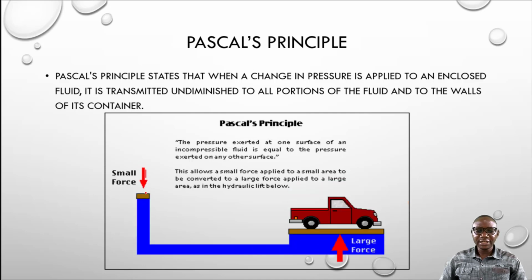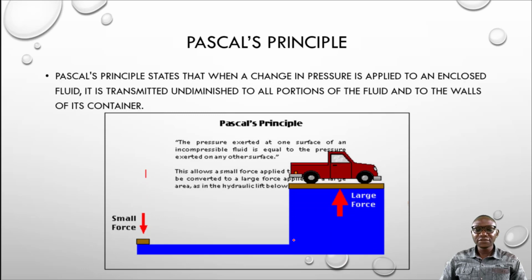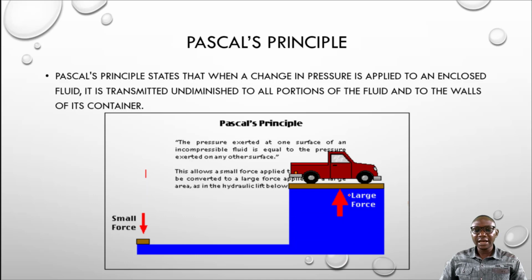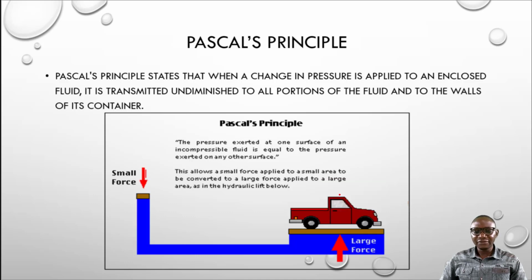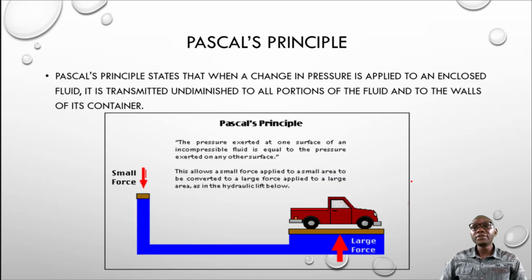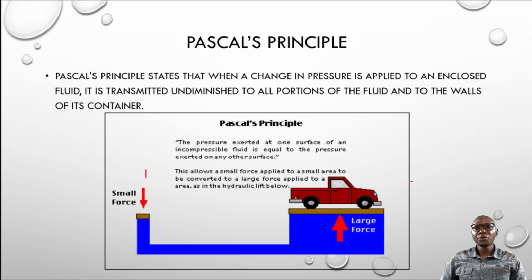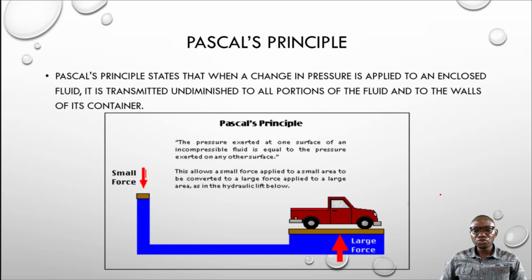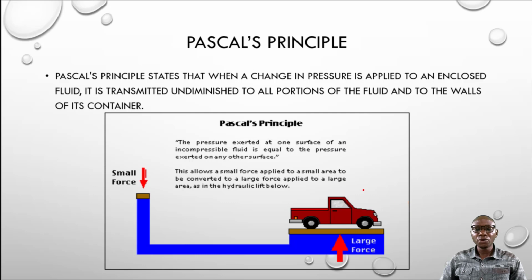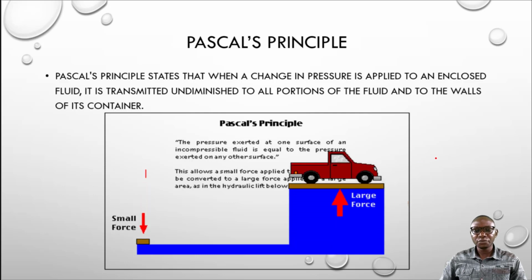So this pressure transmitted here will just be transferred automatically to this place. And because of the area here, it has gained an advantage. So that is why it is so easy for us to lift our cars when we have a flat tire. All we need to do is just to put the jack at the bottom of the car, and we'll begin to apply small force. And that force is what will be lifting the car up because it's applying Pascal principle.